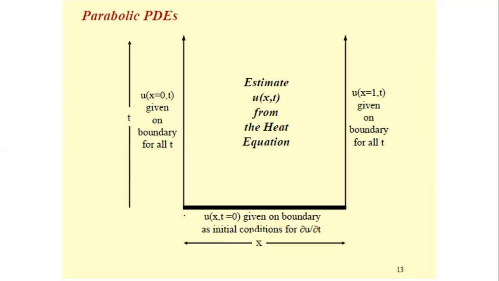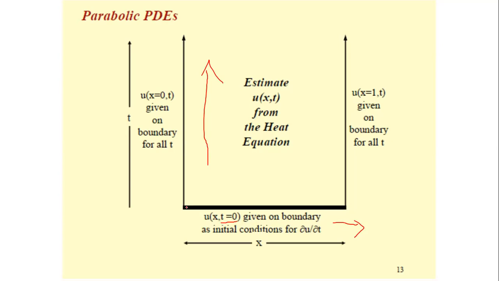Here upwards is the time axis, and horizontal is the space coordinate, the x-axis. This baseline is when t is 0. That means the functional value given at t equal to 0 is called the initial value of the function u.